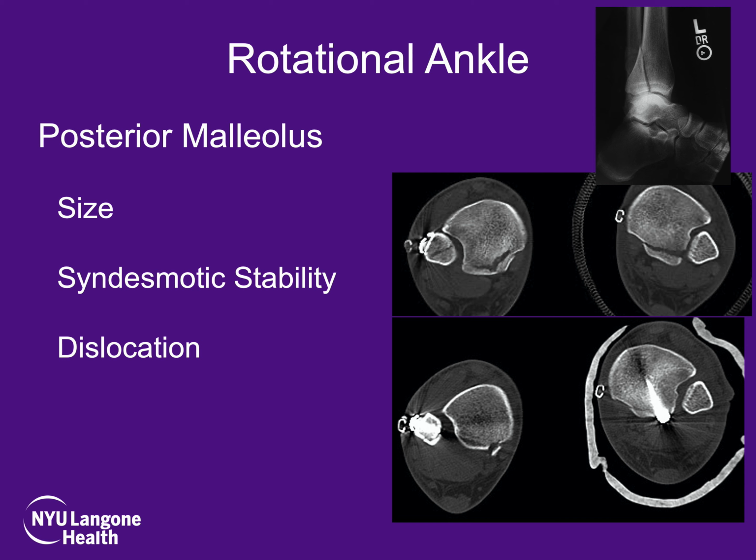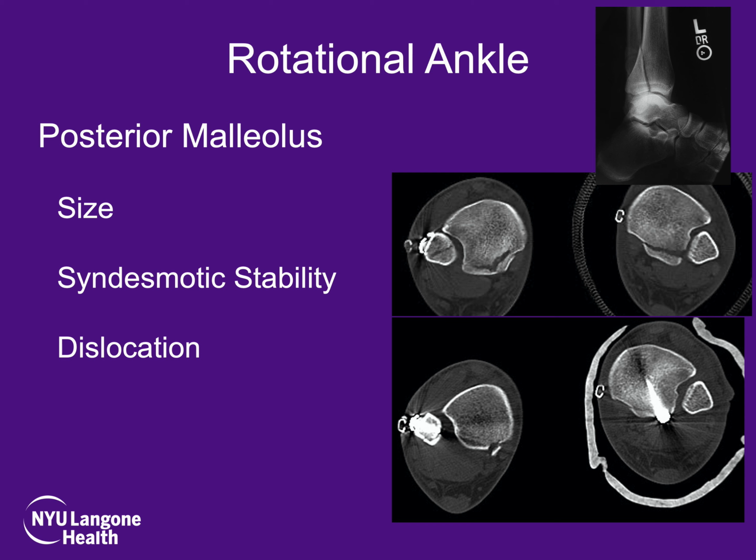The posterior malleolus is fixed based on a number of factors. Historically, size, anywhere from 25 to 33% of the joint, was a clear indication for repair of the posterior malleolar fragment. However, we have now come to know that syndesmotic stability can be restored with fixation of the posterior malleolus due to its connection with the posterior inferior tibiofibular ligament.